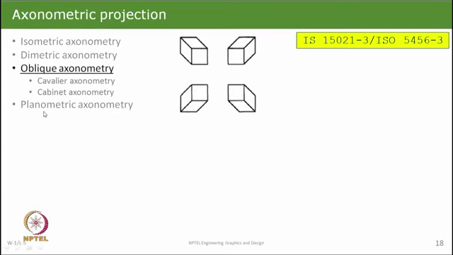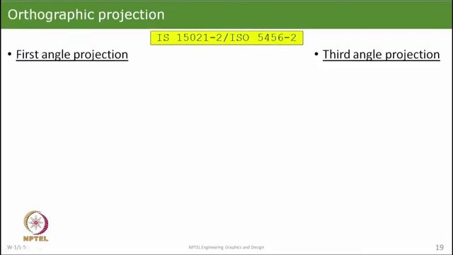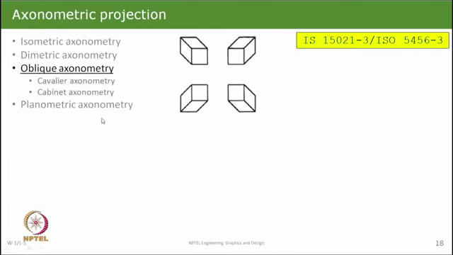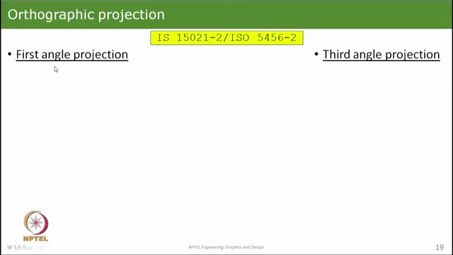And then the last one which we have is the planometric axonometry, which is seeing things in various planes. We will not worry about it at this point of time, but it is good to know it exists. In this course, we will use isometric projections and oblique, and then we will always use orthographic projections.